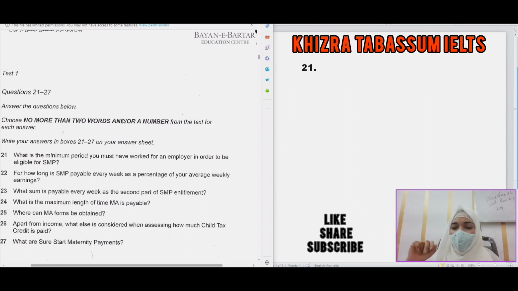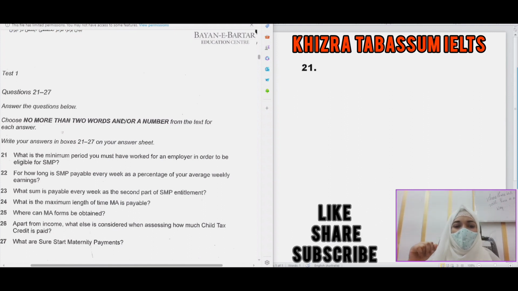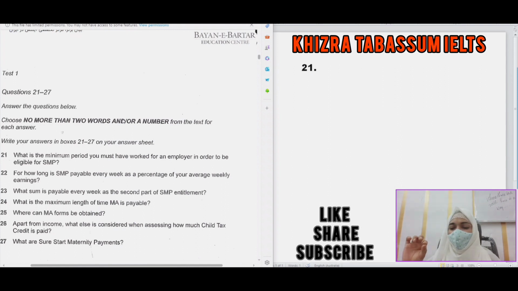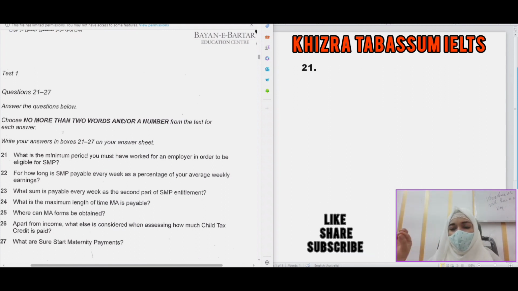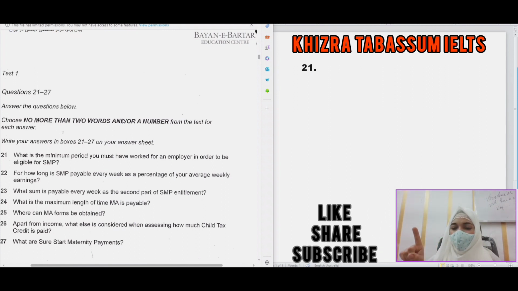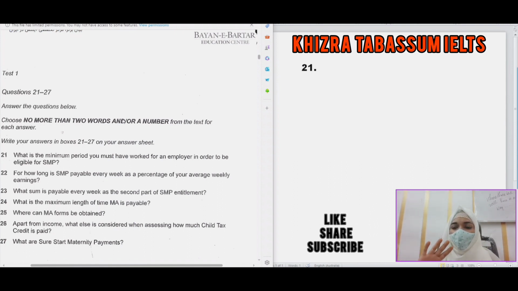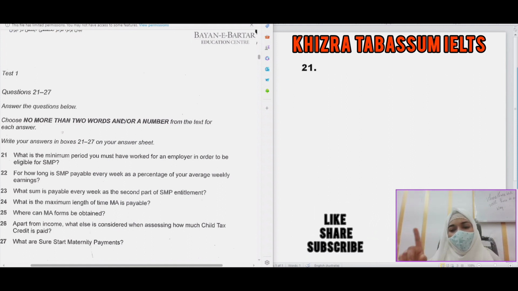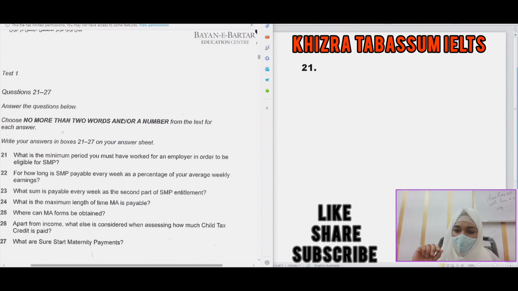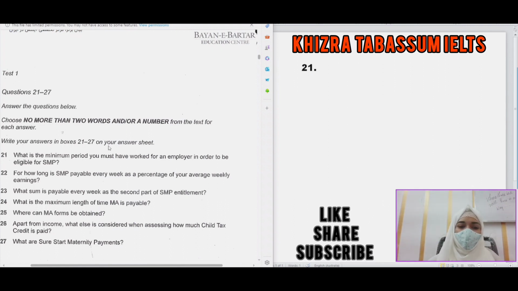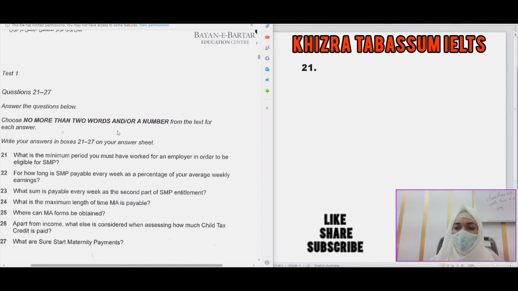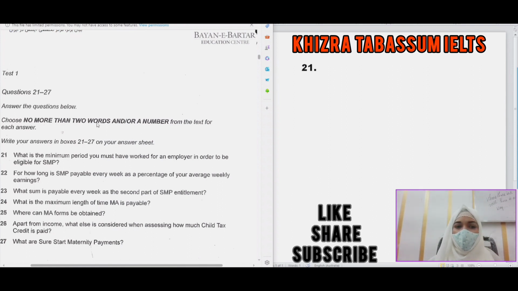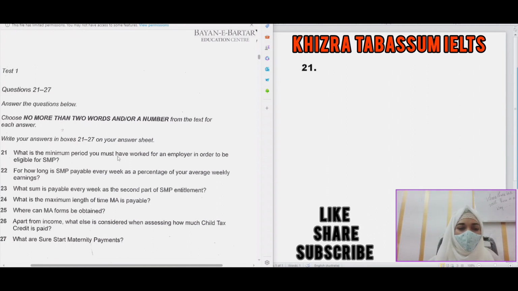Means here we can write 2 words or a number. Either we can write 1 word, 1 number, 2 words, 1 number, okay? But not more than 3 words, 3 words and 1 number, no, like that. 2 words and a number, that's it. You can write 1 word also, according to the answer. But there should be no exceeding of words beyond 2.